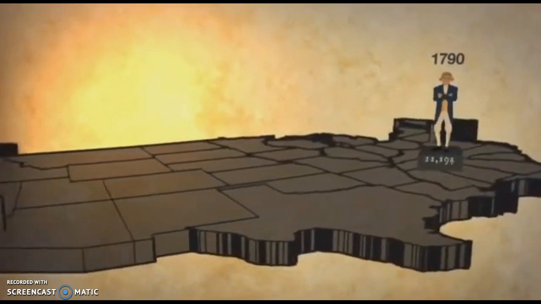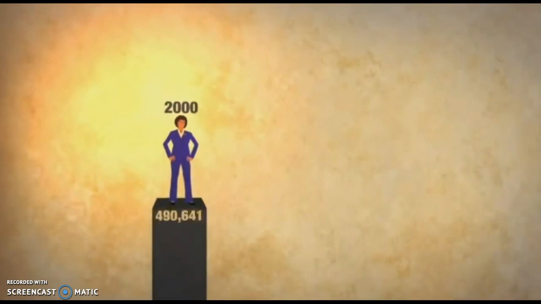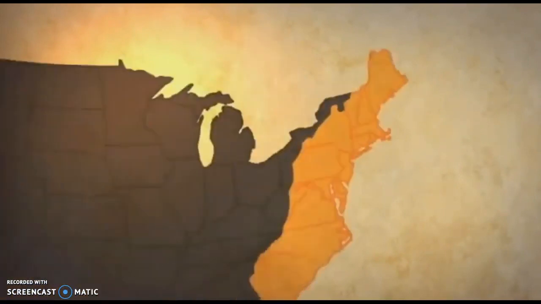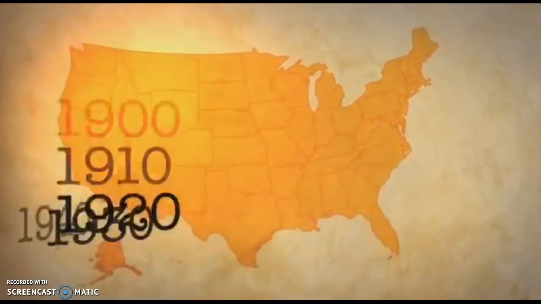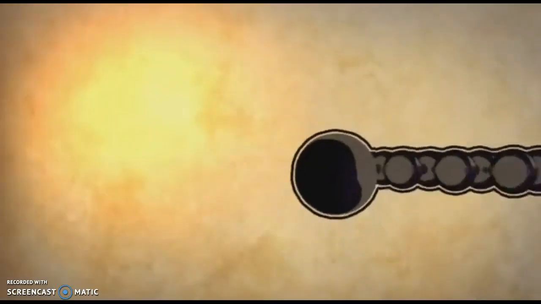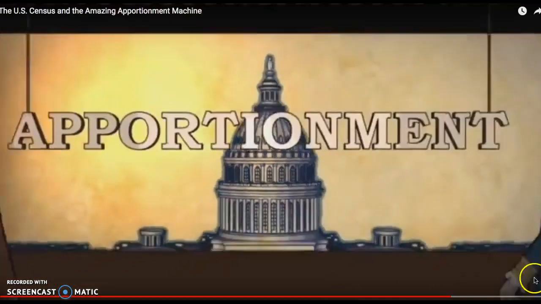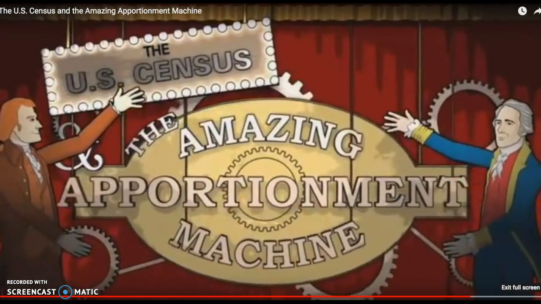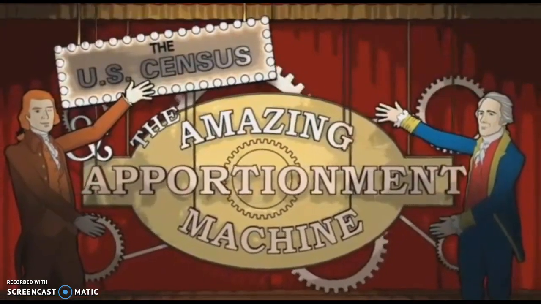In 1790, each House member represented only about 34,000 people. In 2000, each member represented on average 647,000 people. Since the first census, the decennial count has been the basis for our representative form of government. And as our country grows, the apportionment process ensures equal representation for all, just like the Founding Fathers planned. Apportionment, another gift from our nation's founders, who transformed the census from a tool of government into a tool of empowerment for the people.